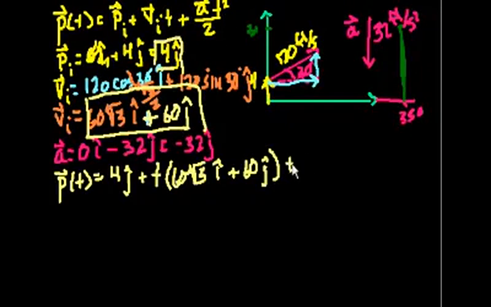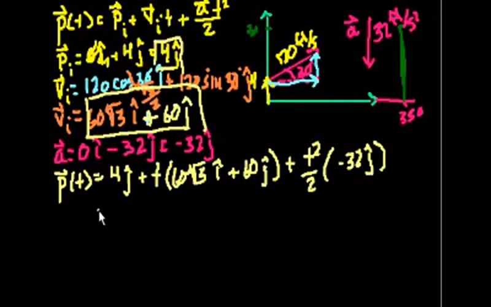And then plus, I'll take the t squared over 2 out front. t squared over 2 times the acceleration vector. Well, what's the acceleration vector? That's just minus 32j, where j is the unit vector in the y direction.